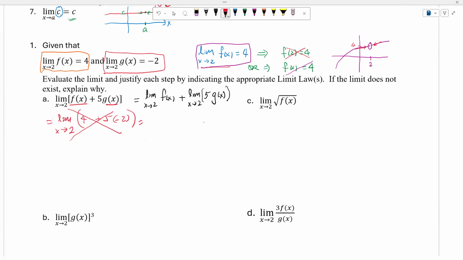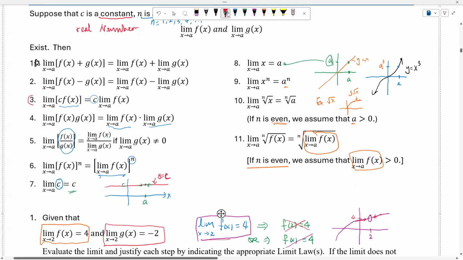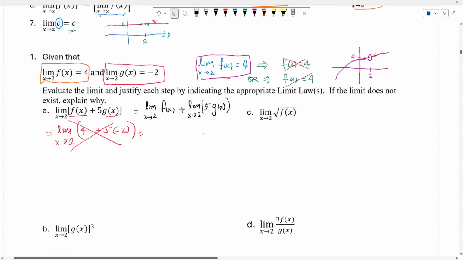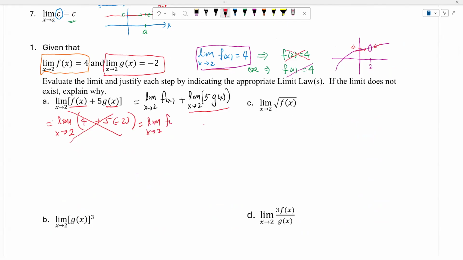Then I will use property number 3 to help me take care of this. So I have the limit x approaches 2 of f of x plus 5 times the limit x approaches 2 of g of x.